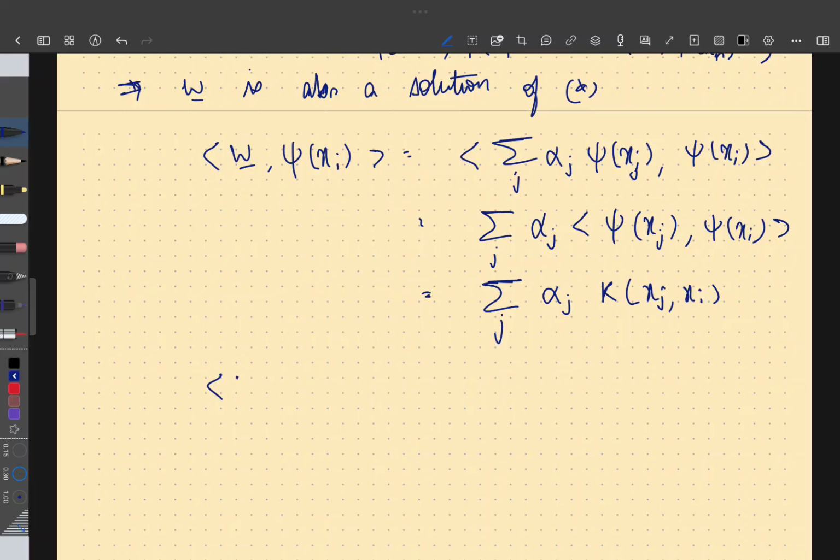And the norm of w squared is summation over all i, summation over all j, alpha i alpha j, k of xi xj.